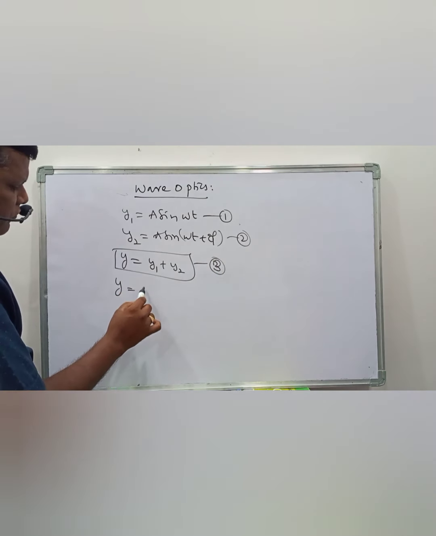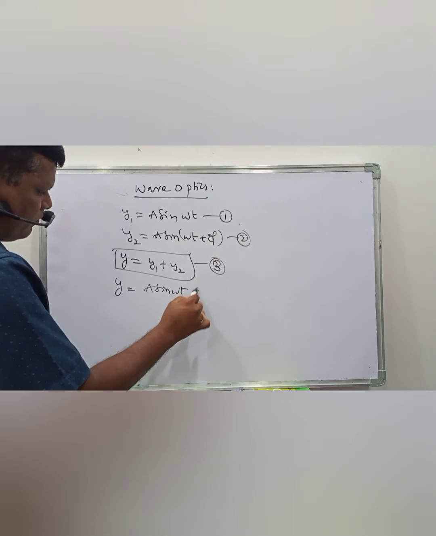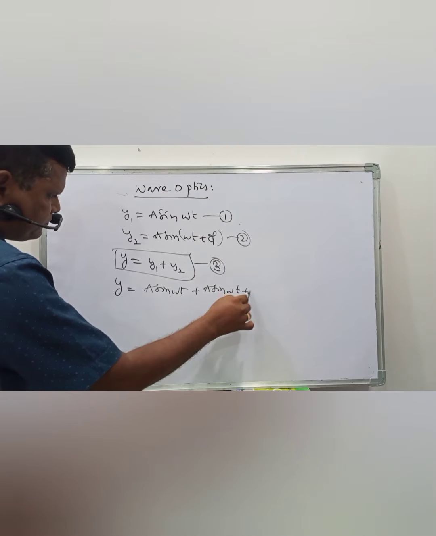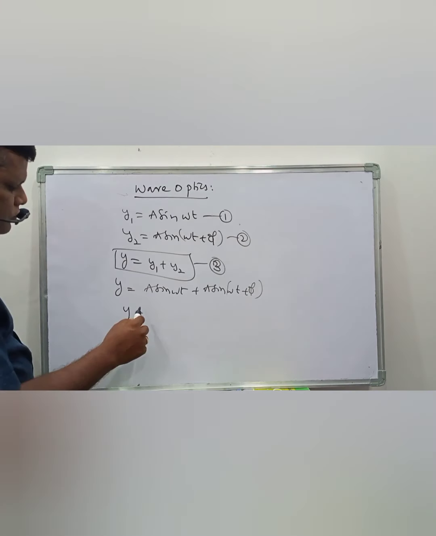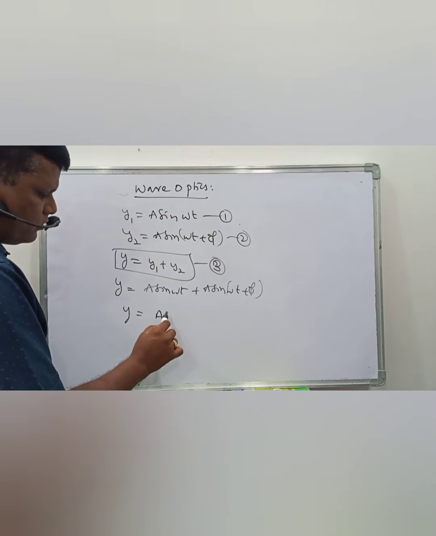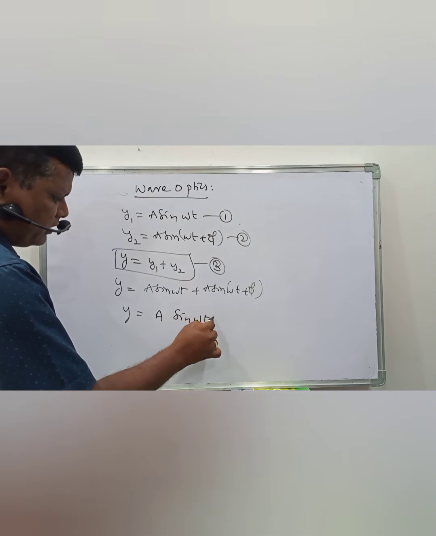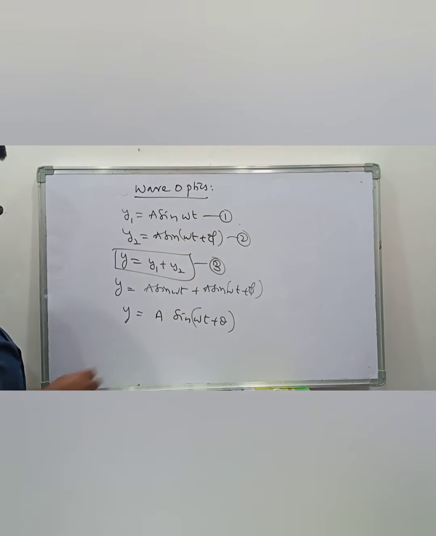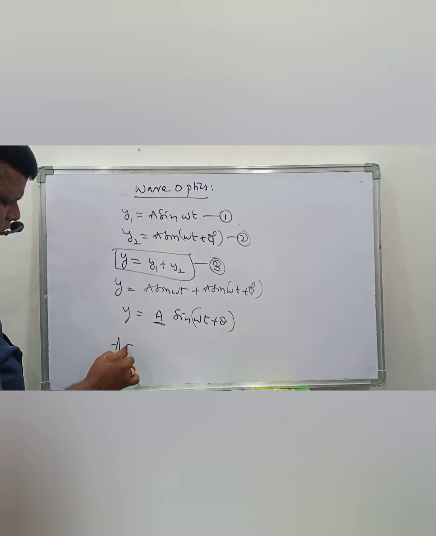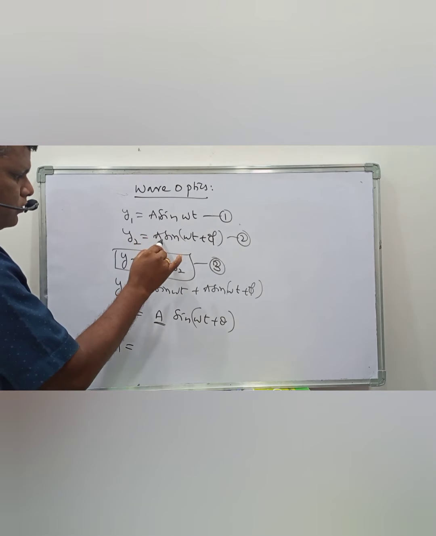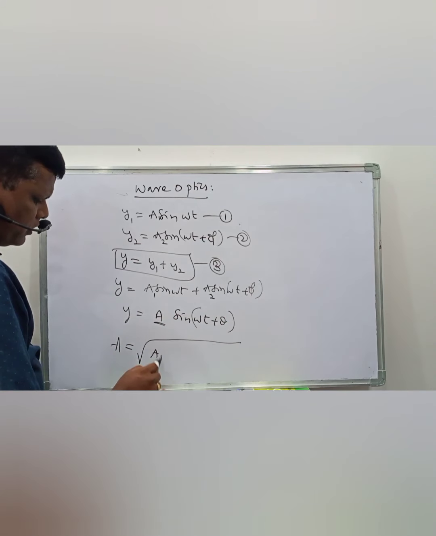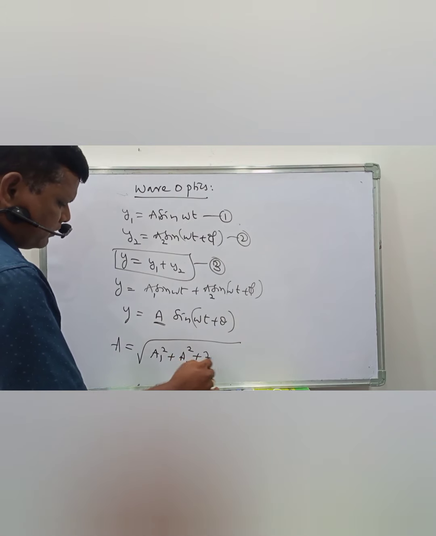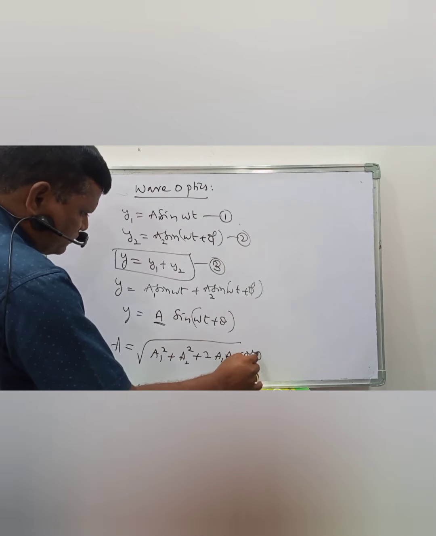By substituting equations 1 and 2, we get y = A sin(omega t + theta). Here A is the resultant amplitude of the two waves, A = root over (A1 square + A2 square + 2 A1 A2 cos phi).